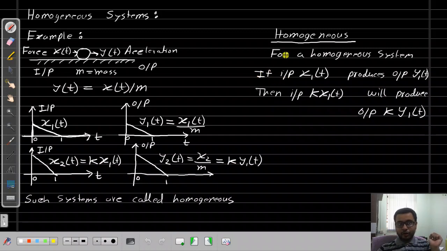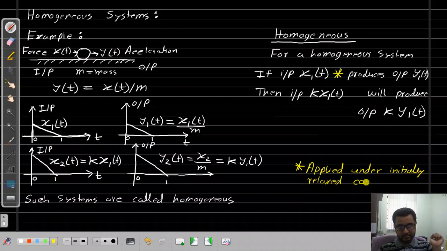I shall write, for a homogeneous system, if input x1(t), here I shall add applied under initially relaxed condition, produces output y1(t), then the input kx1, which is again applied under initially relaxed condition, will produce output k times y1(t).